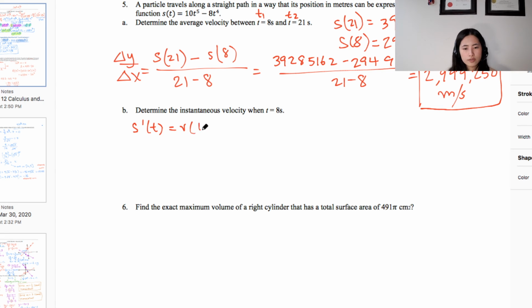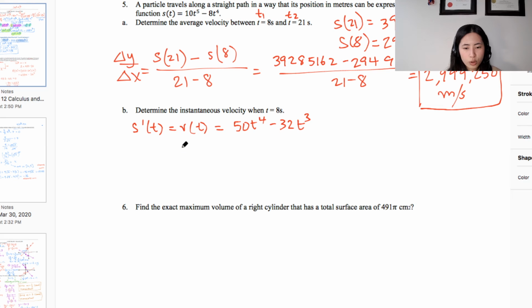So this is v of t: 50t^4, because I'm taking my 5 and multiplying it by 10. Then minus 8 times 4, which is 32, t cubed. Great, so this is my v of t.